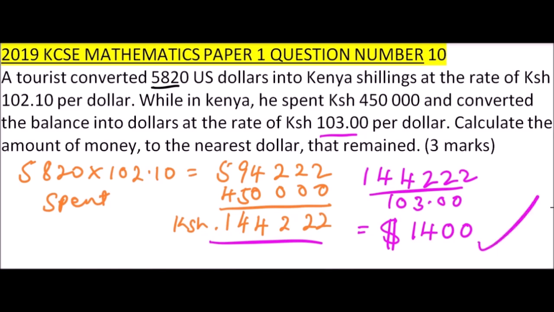So that is the amount of money in form of dollar that he goes with back to his country. So that's how you work out that question.